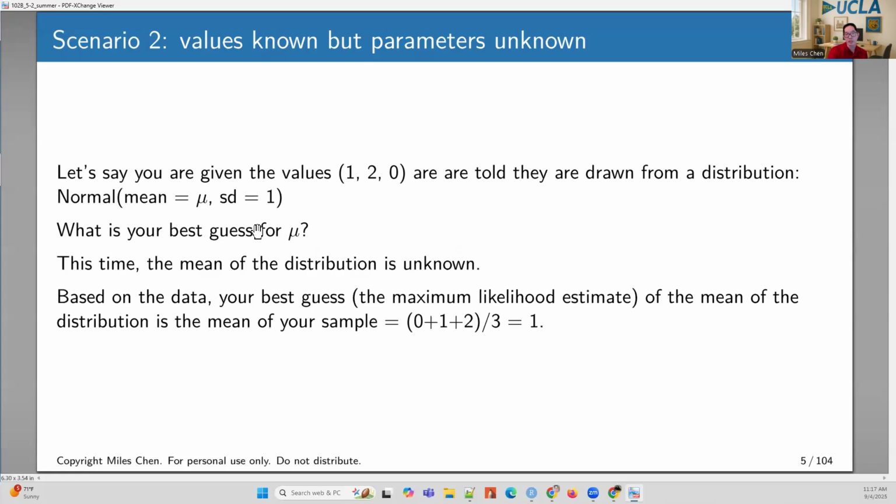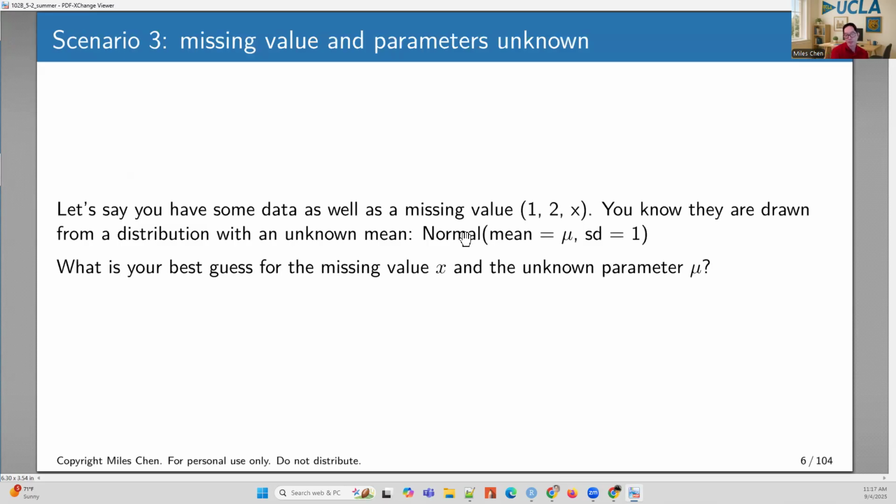You look at the data and get the maximum likelihood estimate of the mean, which is the sample mean. So we would do 1, 2, and 0 divided by 3. The mean here is 1, and so we would plug that in for mu.